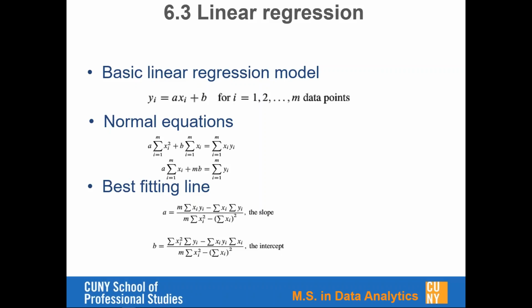You would get these normal equations, and based on the normal equations, you would be able to solve for a and b correspondingly based on your observations of xi and yi. And m is the number of data points in this case.